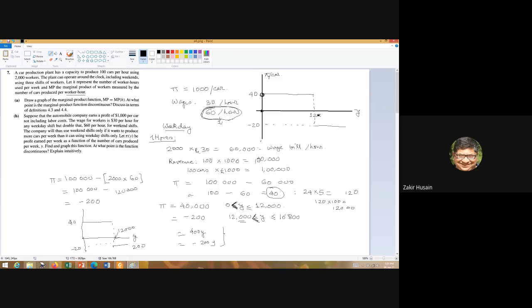Your revenue is the same, but the wage bill is changing once you start producing during the weekends. So that means there should be a break from Friday 12 p.m. at night. So you have to grab this and explain why this break is occurring.